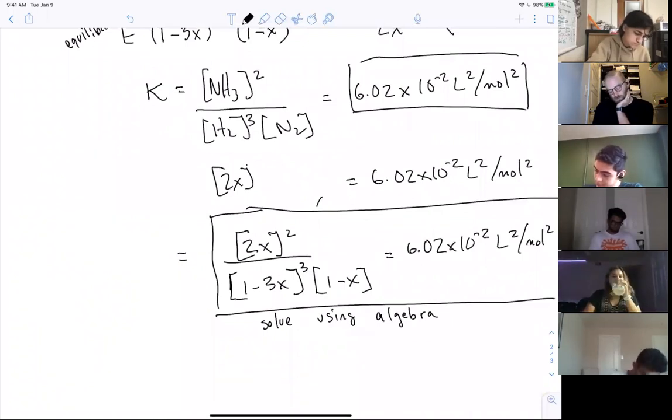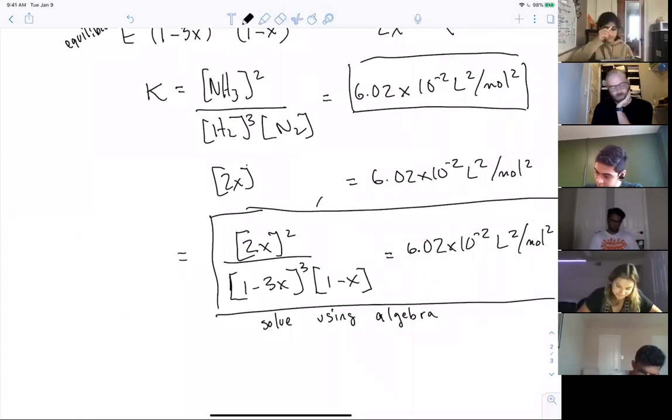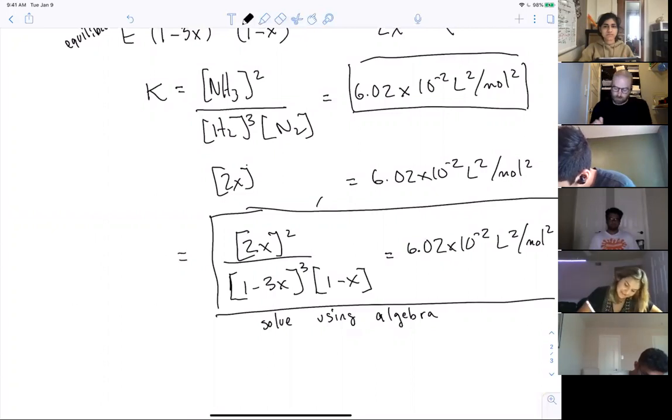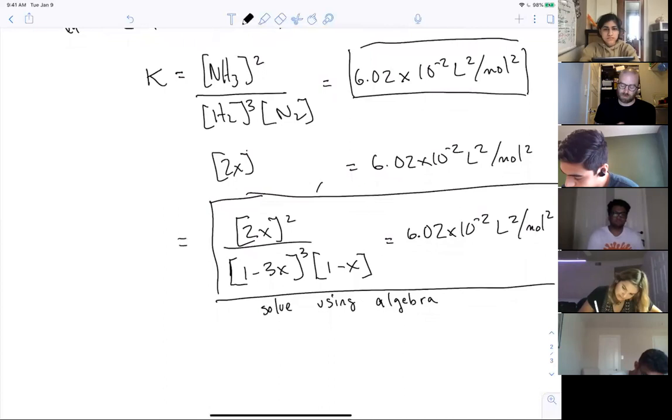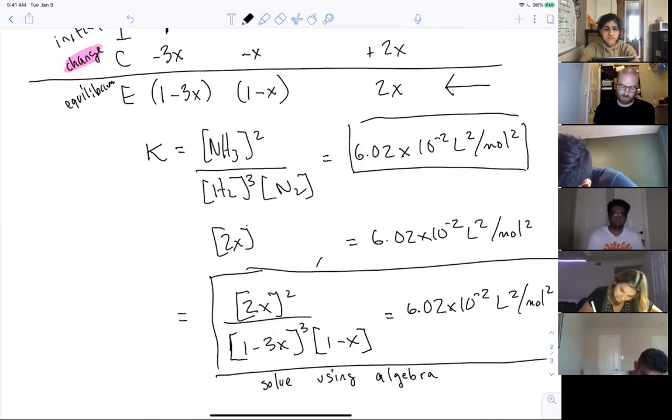Let's see. I'm trying to think if we could make some assumptions here to make our lives a lot easier. So usually one thing to consider is that for values of K, I'm not sure if this will hold here, but I want to do it because I don't want to have to deal with that cube.